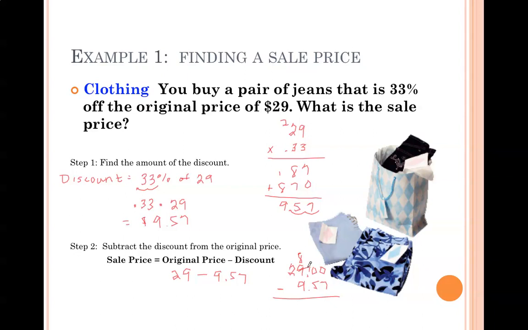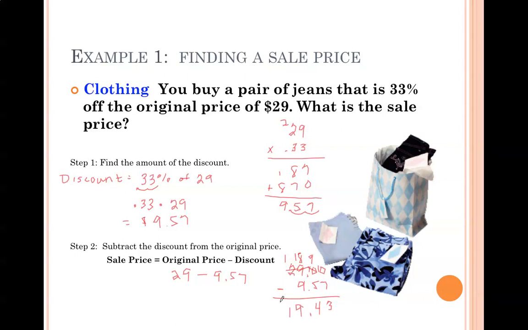That becomes a 10, but we need to borrow again, so that becomes a 9, 10. 10 minus 7 is 3. 9 minus 5 is 4. Decimal comes down. 8 minus 9 can't do, so I have to borrow. I had a 1. 18 minus 9 is 9. 1 minus 0 is 1.